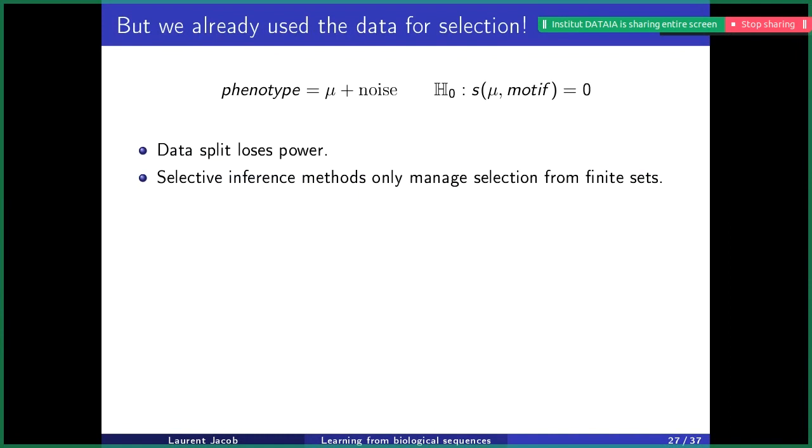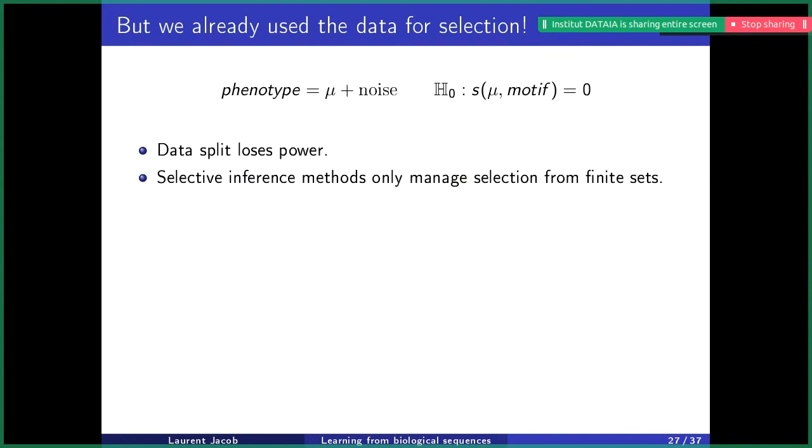And there are different ways of doing that. You can just split your data. It's the easiest way, but then you lose some power because you just use part of your data. And then there's a family of methods called selective inference, where instead of using the null distribution, you use the null distribution conditioned on the selection event. But all the methods that exist only work for finite sets.